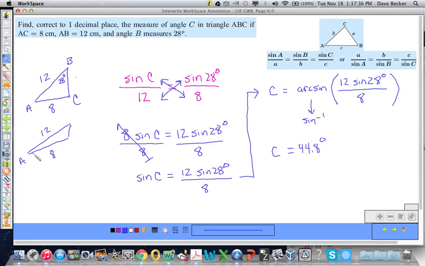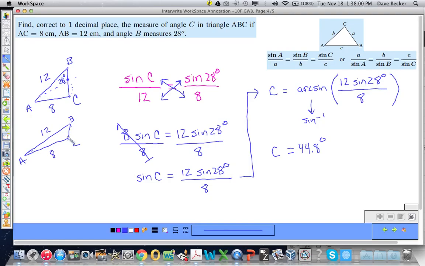Again, A, B, C, right? I could draw it real skinny. And this length is 12, this length is 8, and B still looks to be about 28 degrees. I just kind of swung this leg over here maybe a little bit. If you can think of it as an arc, if I just swung that leg, then I could have this triangle here, that's possible.